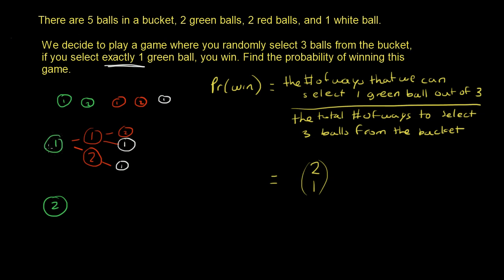So the green with the number 1 on it, the red with number 2 on it, and then the white ball, right? And basically that's the complete listing of all the different combinations that you could have gotten for the second 2 things that you picked, right? So basically I have 2 balls that I'm picking out of 1, 2, 3, right? So there are 3 balls and I am picking 2 of them, right?